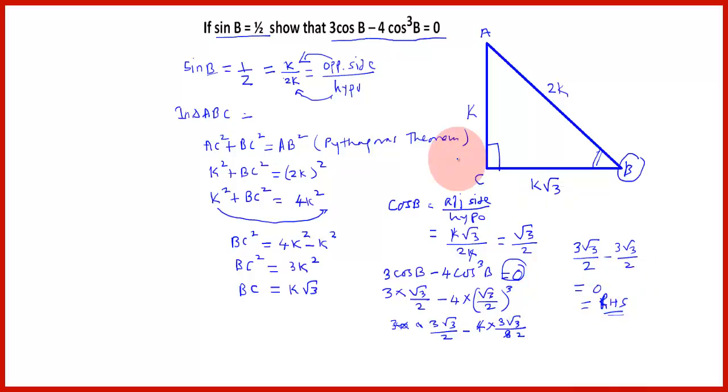So here we have proved that 3 cos B minus 4 cos cube B is equal to 0.